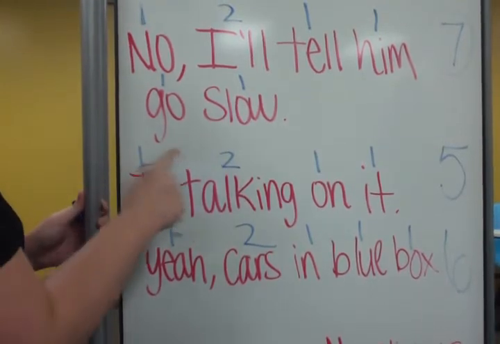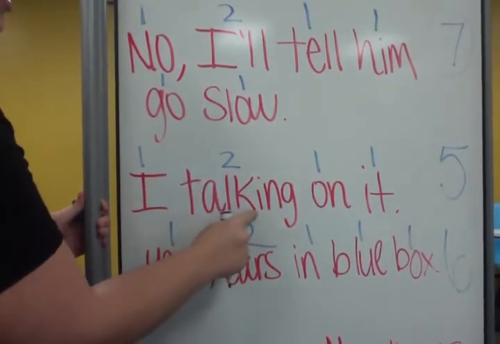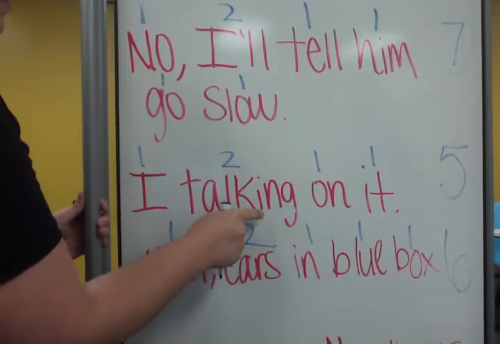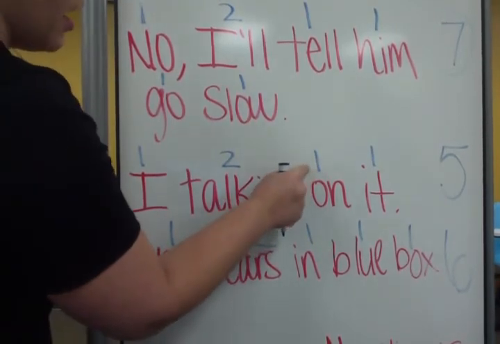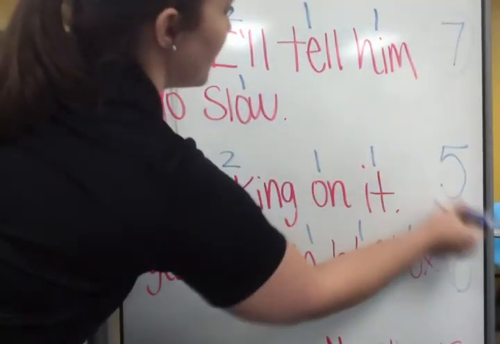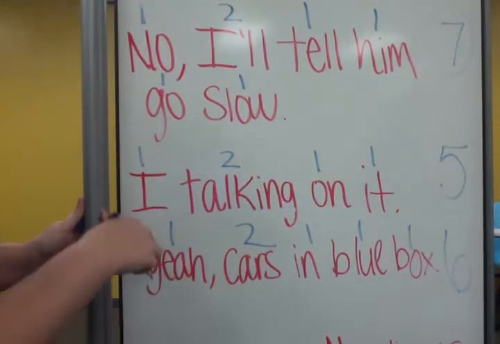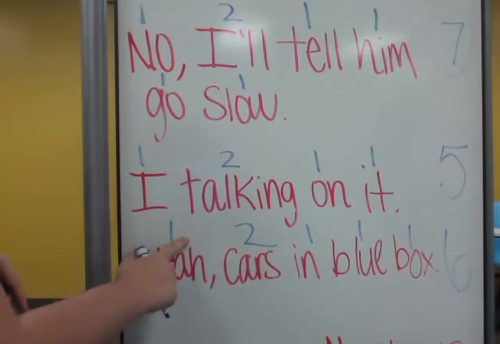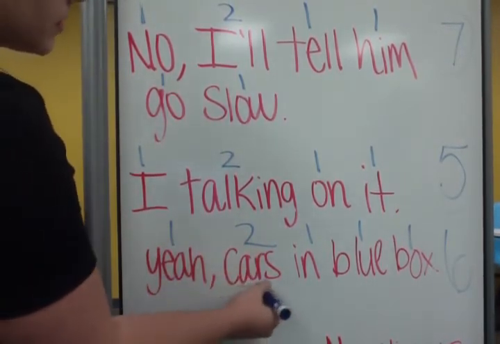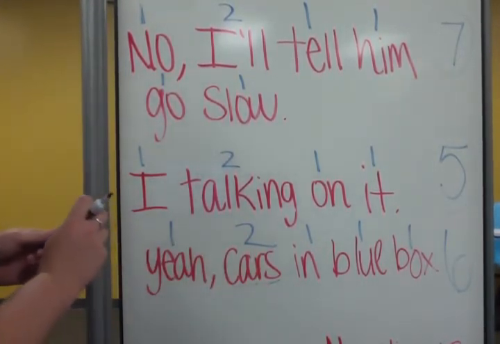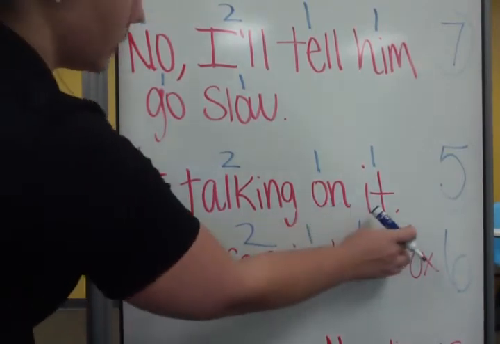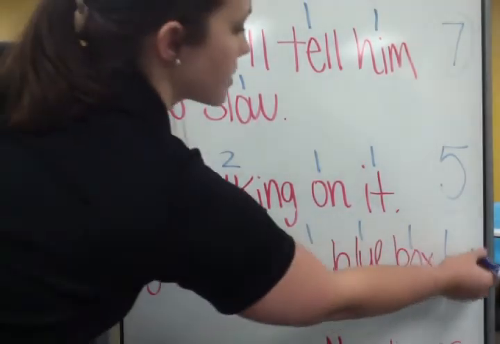You can count 1, 2, talk, and the bound morpheme ing. 1 and 1 for a total of 5. And then the last utterance, yeah, cars in blue box. 1, 2 morphemes for car and the plural s. 1, 1, and 1 for a total of 6.